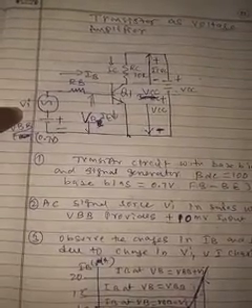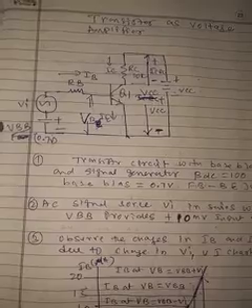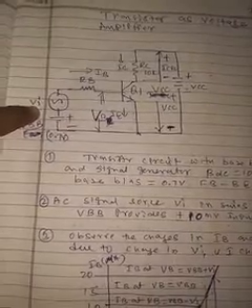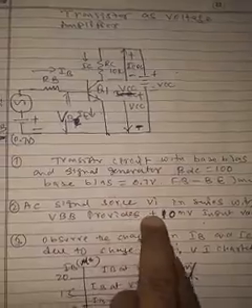For amplification we require the input signal, and the input signal is here, nothing but VI, the input voltage. This is the AC signal source VI in series with the VBB.